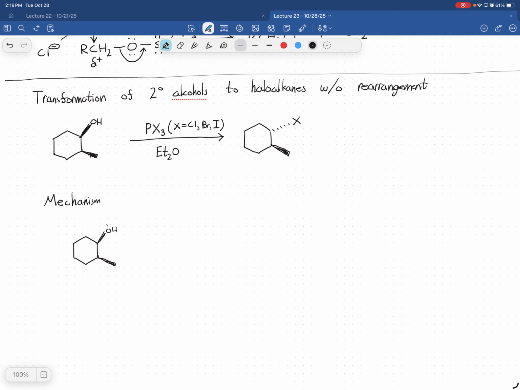Like last time, this reagent here is tetrahedral. The phosphorus-halogen bond is very weak, so it's easy to break, and that's the bond that's going to break first. I'm going to have my lone pair attack the phosphorus and kick off one of the halogens. So now I have X minus, a free-flowing halide ion, a pretty good nucleophile, like we learned.